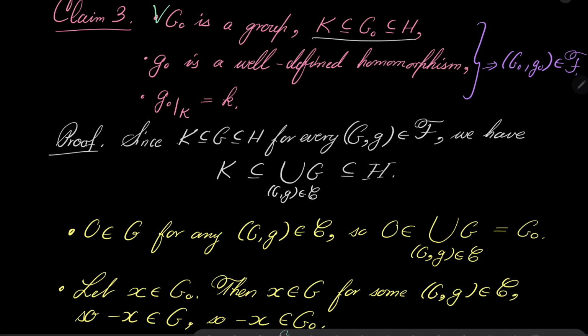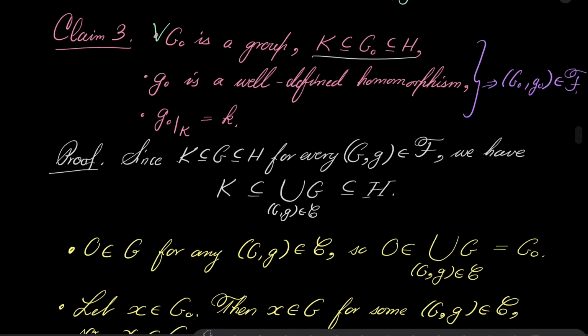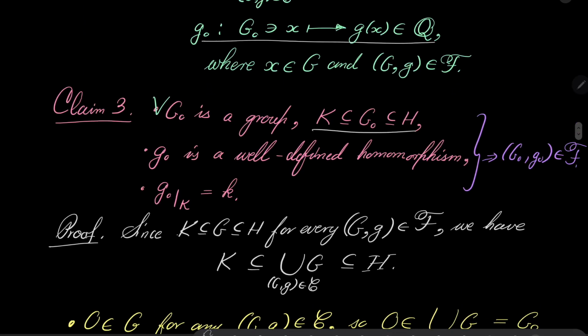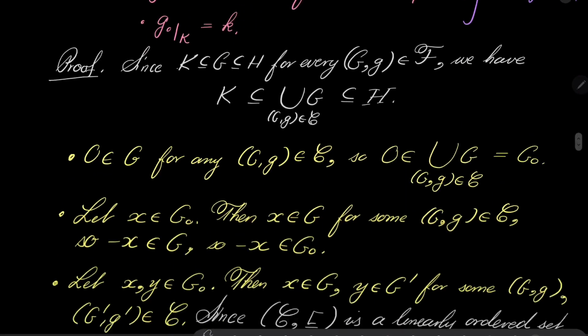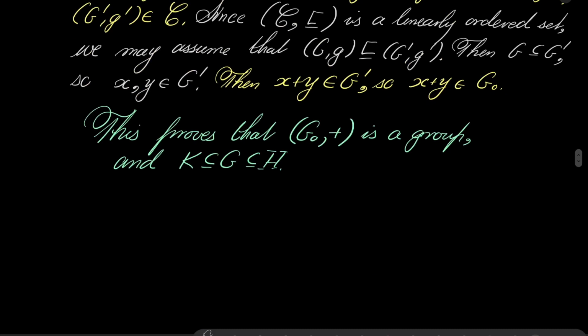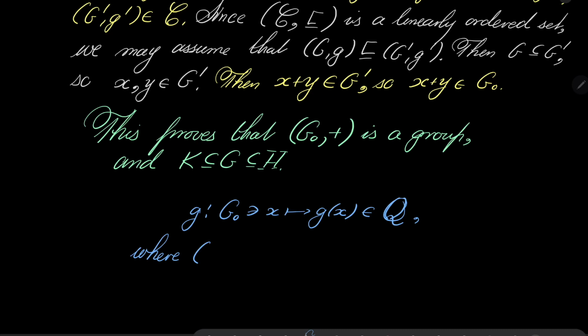Second part, the map is a well-defined homomorphism. Let's go back to G0. G0 maps x to G of x. Oh, maybe let's rewrite it right here. G takes element x and maps it to G of x in our set of rational numbers, where x is in G and G is in our chain.